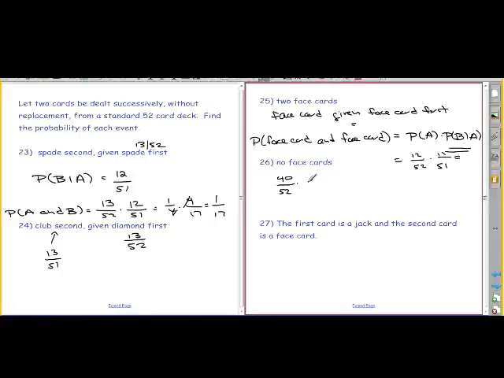So you'd have 40 out of 52, and if the first one you choose is not a face card, then there are 39 not face cards left out of 51 cards.